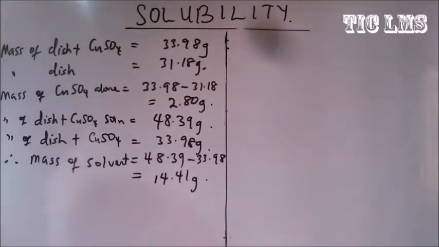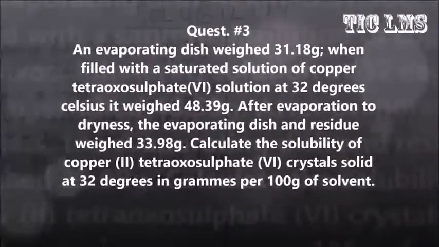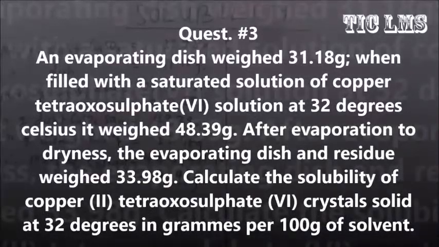Here's the next question, which says an evaporating dish weighed 31.18 gram. When filled with a saturated solution of copper(II) sulfate pentahydrate at 32 degrees Celsius, it weighed 48.39 grams. After evaporation to dryness, the evaporating dish and residue weighed 33.98 gram.